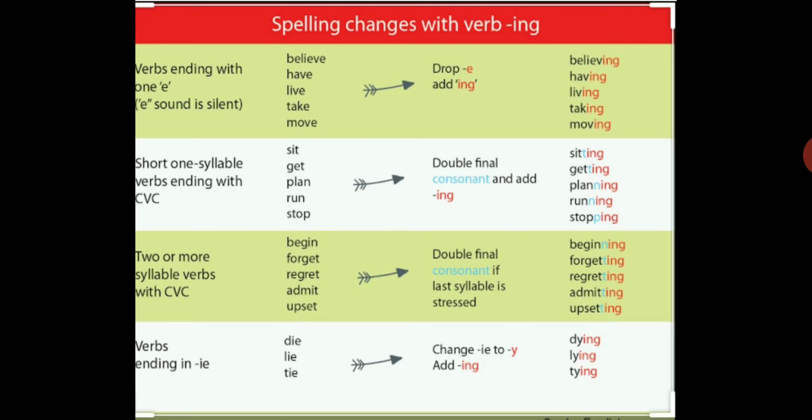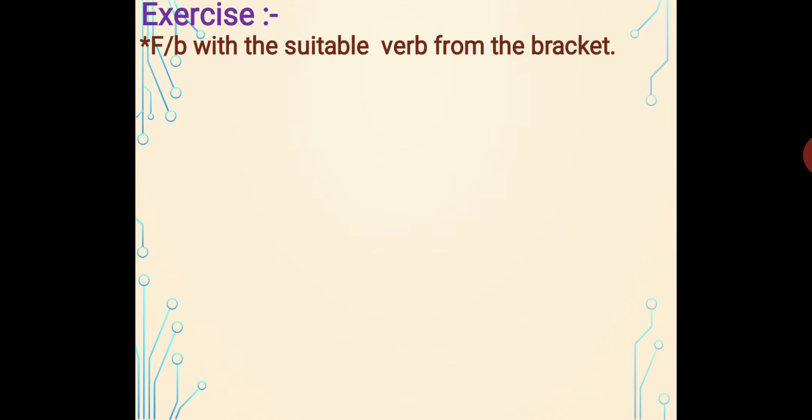So let's do the exercise to revise all the rules and get more clarity on this topic. So what will be the heading? Filling the blanks with suitable verbs from the bracket.